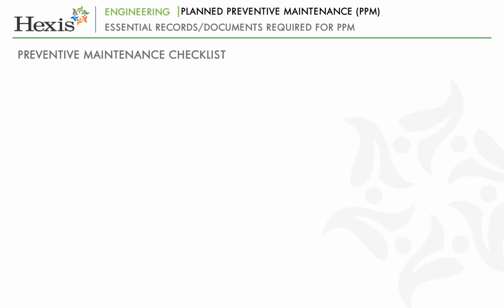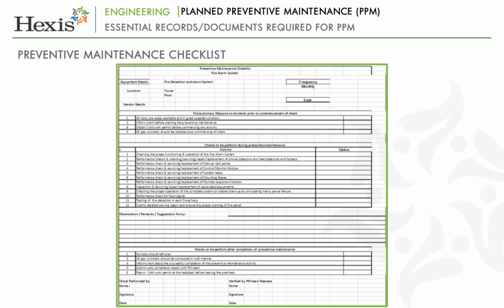Next, we will look at a preventive maintenance checklist, the sixth document in PPM. Just like an inspection checklist, which tells the operations and maintenance personnel what all needs to be checked, a preventive maintenance checklist lists the activities to be performed during maintenance. The idea is to make a multi-step activity or process mistake-proof.